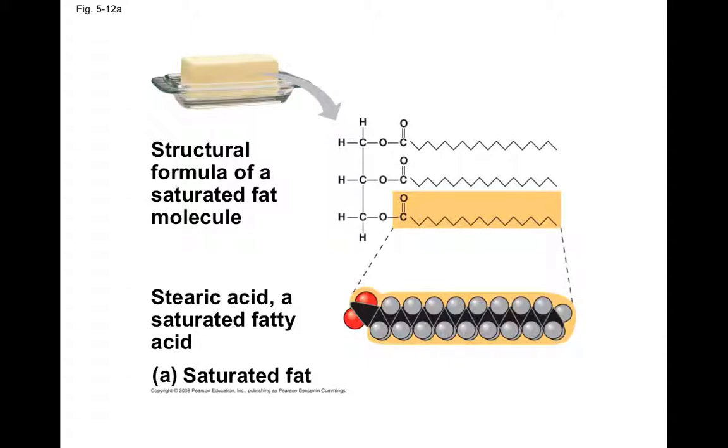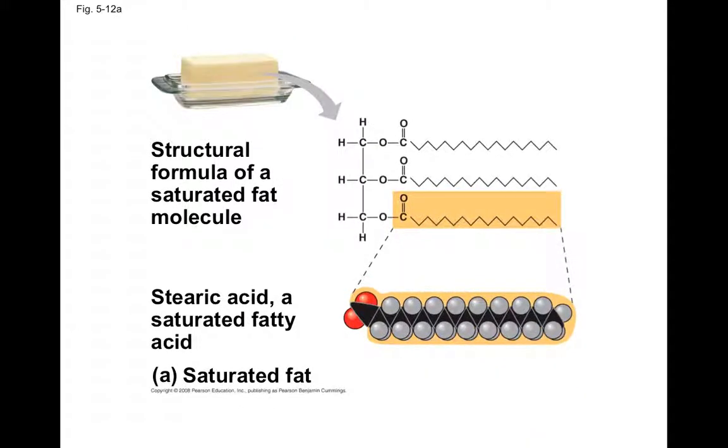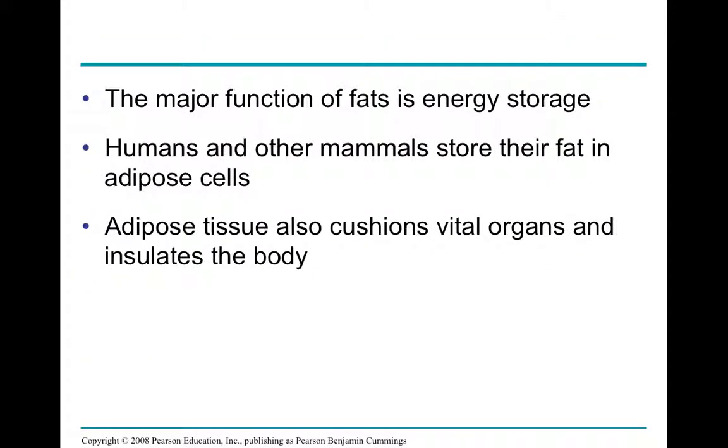These can also form plaque in your blood vessels, and so those build up, those pack together, and your blood vessels accumulate these saturated fats, and they become rigid and hard, and that's not good for your blood circulation. That can cause cardiovascular problems. So, structure and function in saturated fats.